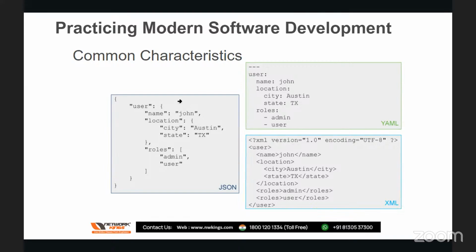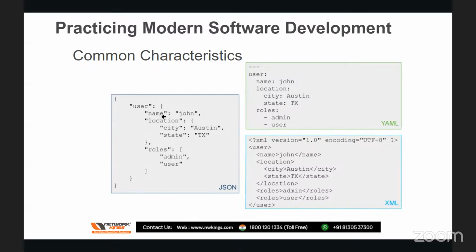Similarly, you can see that we are saving the same data in different types of files. This is the JSON format. Inside user you can see name and location, and the open and close braces basically denote a particular object. So inside this location object you have city, Austin, state, Texas, and similarly inside user you have name and location.